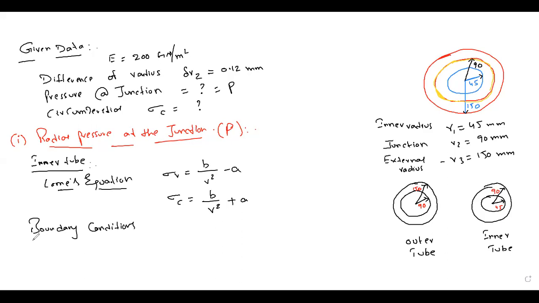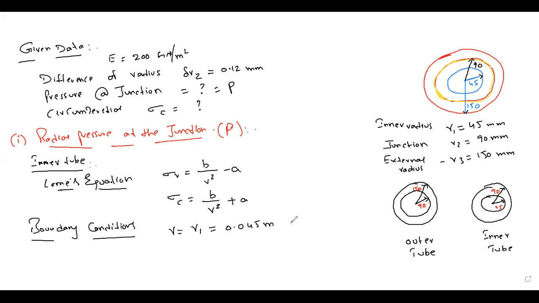Can anyone tell me what the boundary conditions are? R is equal to R1, which is 0.045 meter or 45 mm.